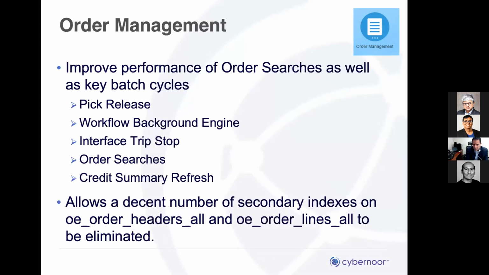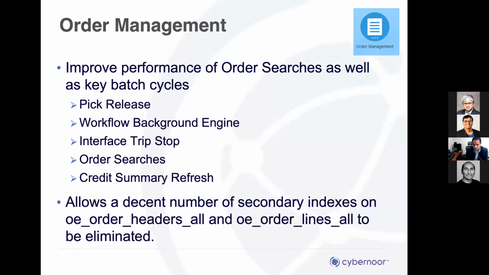So it's a very critical process in order to ship, and obviously in order to recognize the revenue for those shipments. And typically pick release has this access path dilemma: when it runs, it doesn't have good selective search criteria in terms of an index filter.